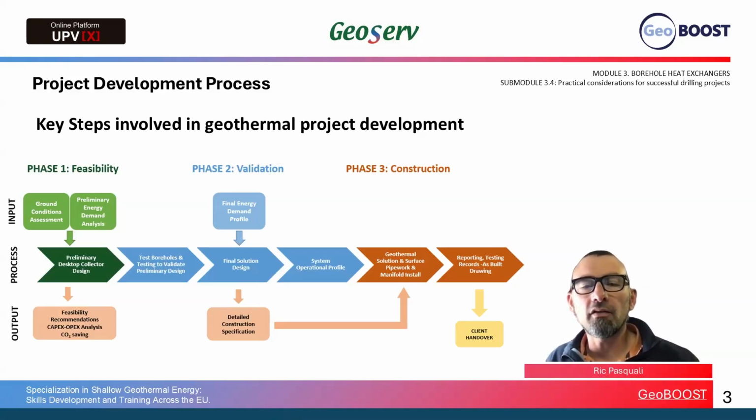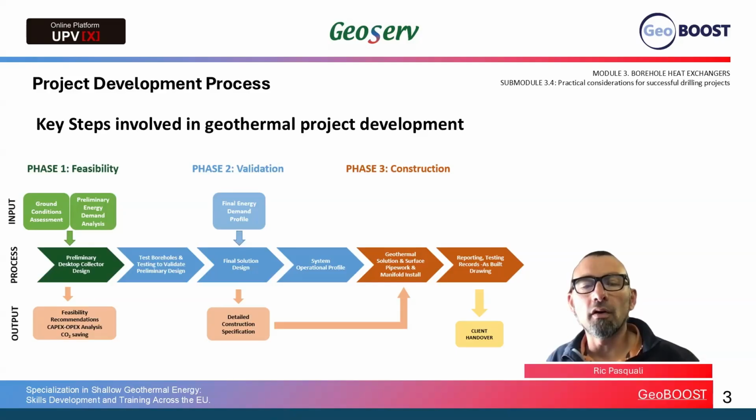The second phase, which involves some drilling aspects, which we'll consider more in the following slides, is generally a validation phase. In that validation phase of the project development process, we seek to drill and test specific subsurface conditions to validate the initial concept design of the project.